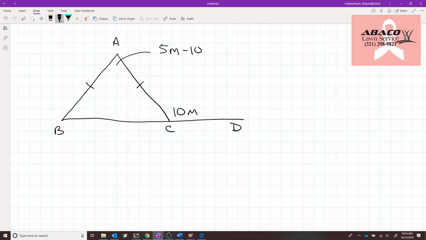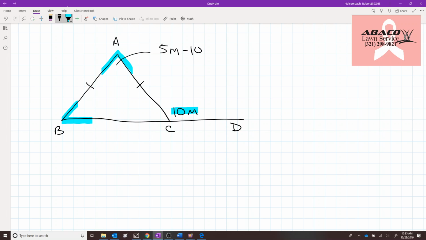You're asked to solve for the variable. This is an exterior angle problem. Yesterday we said that an exterior angle is equal to the sum of its remote interior angles. So the measure of angle A plus the measure of angle B is going to equal the 10M here.